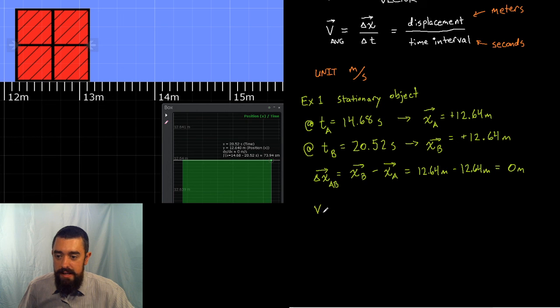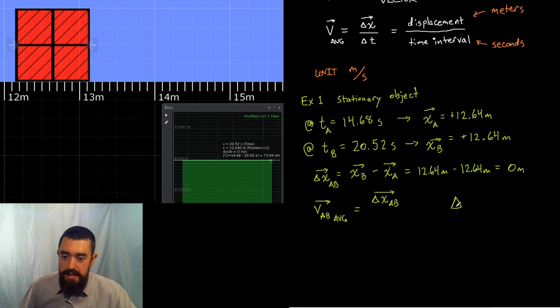So the velocity from A to B, the average velocity, I'm getting a lot of letters here. The average velocity from A to B would equal the delta x from A to B. These are subscripts, so delta x would be the symbol, and then I'm having a little AB next to it.